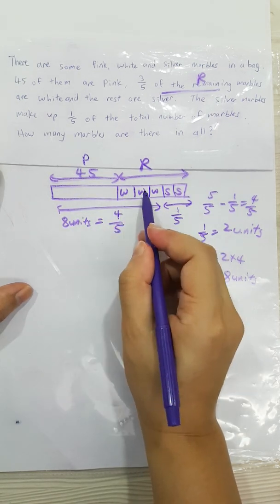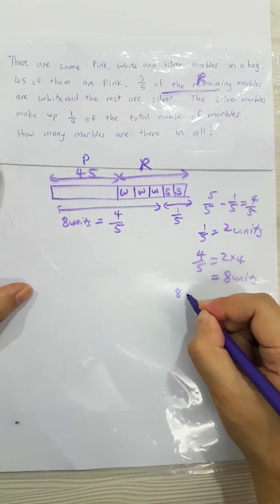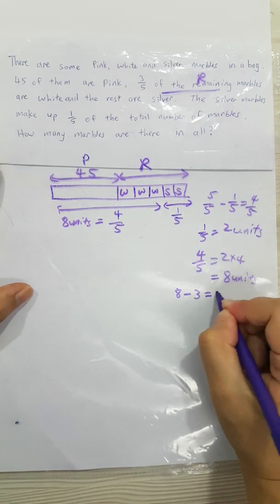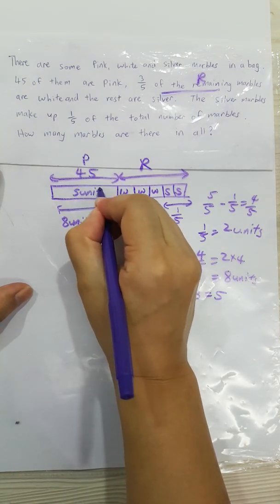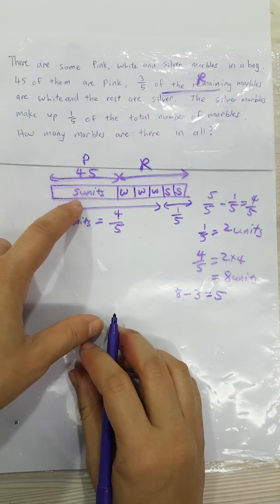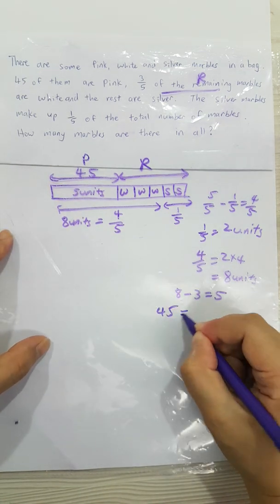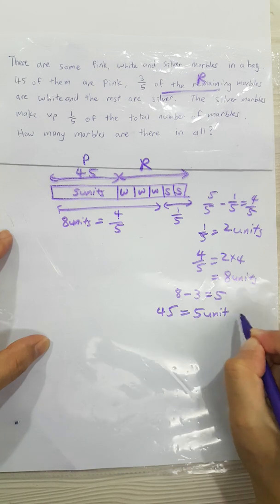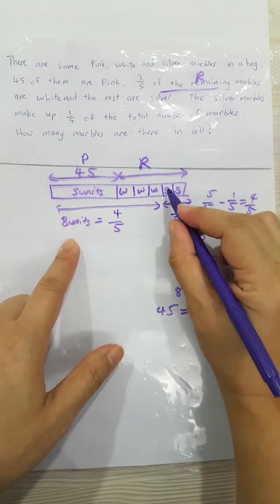So if you see 1, 2, 3, there's already 3 units here, right? So 8 minus 3, you should get 5. So here will be 5 units. Okay, so 45 will be your 5 units. So if here is 8 units, 1/5 here is 2 units, right?